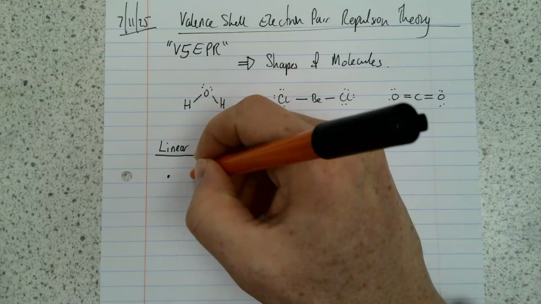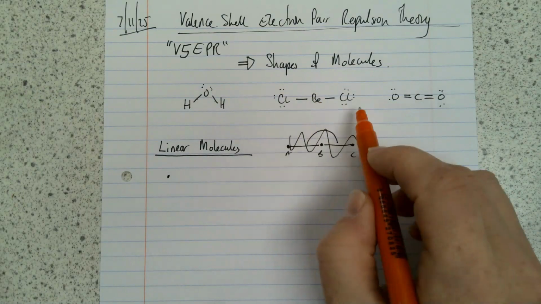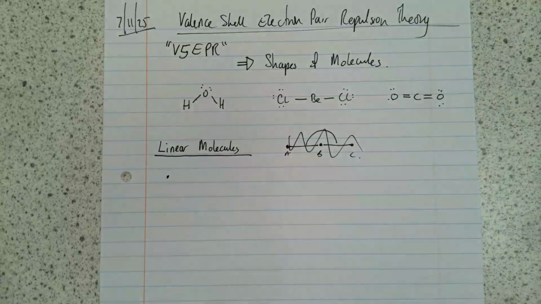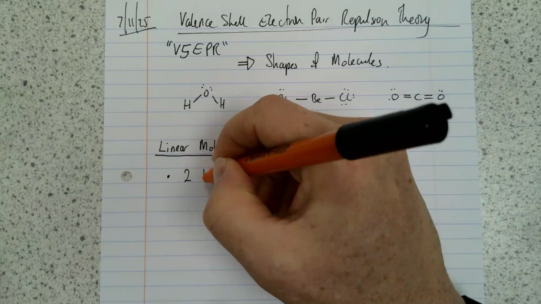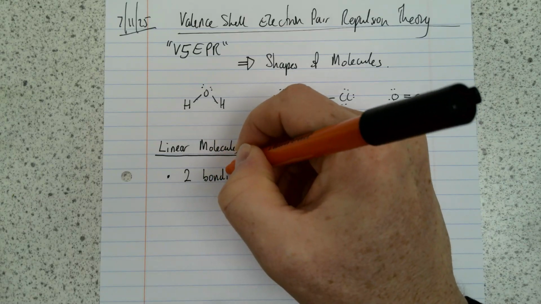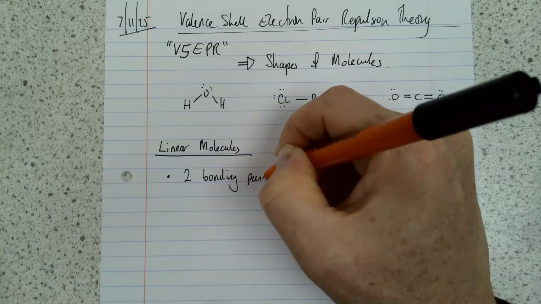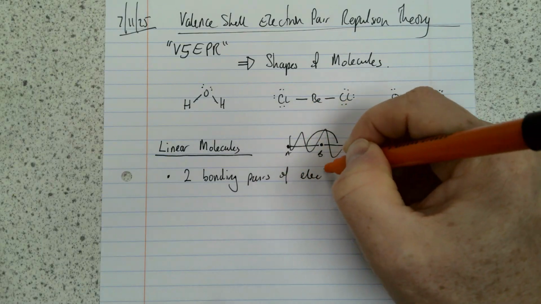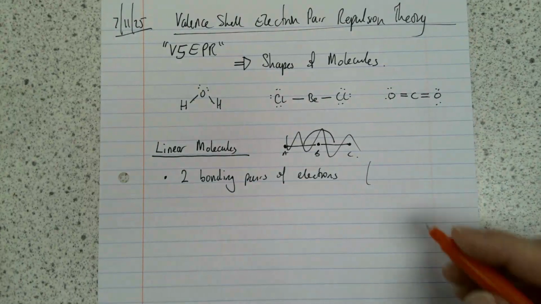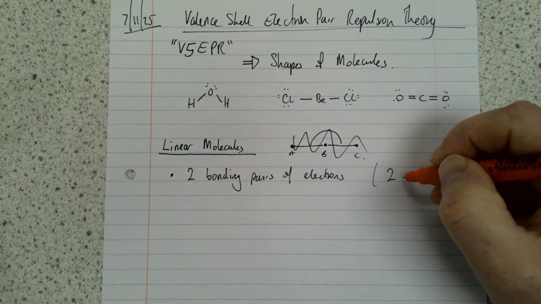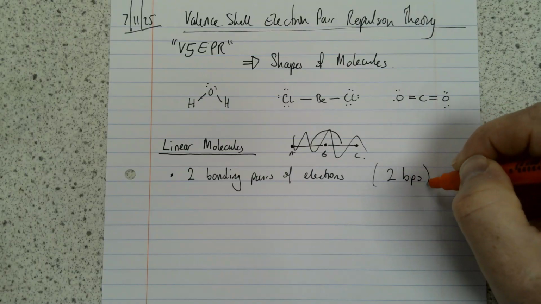So you'll see that we'll use the same approach to answering questions every time. Around that beryllium, there are two bonding pairs of electrons. And we'll start to simplify this a little bit as we speed up: two BPs, two bonding pairs.